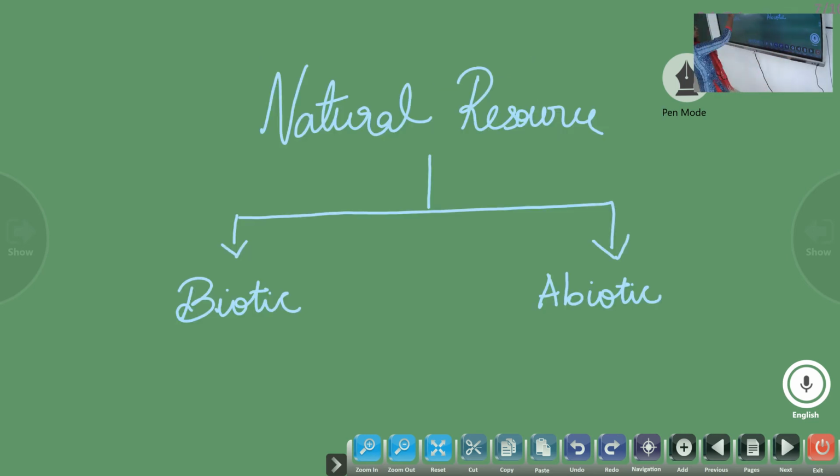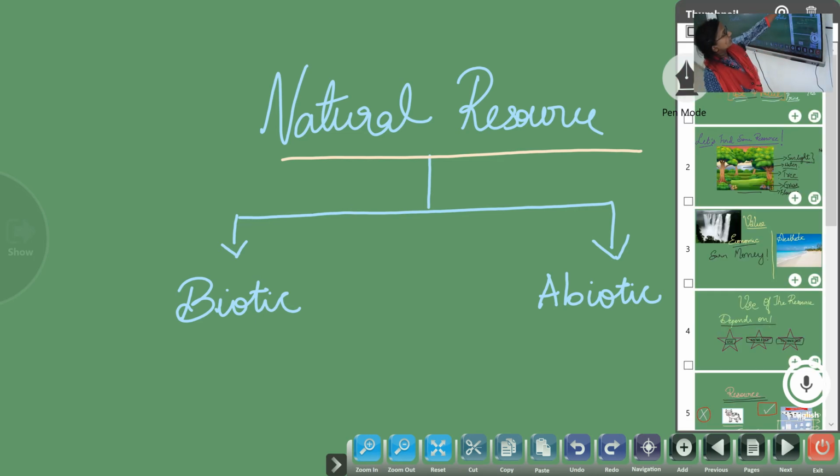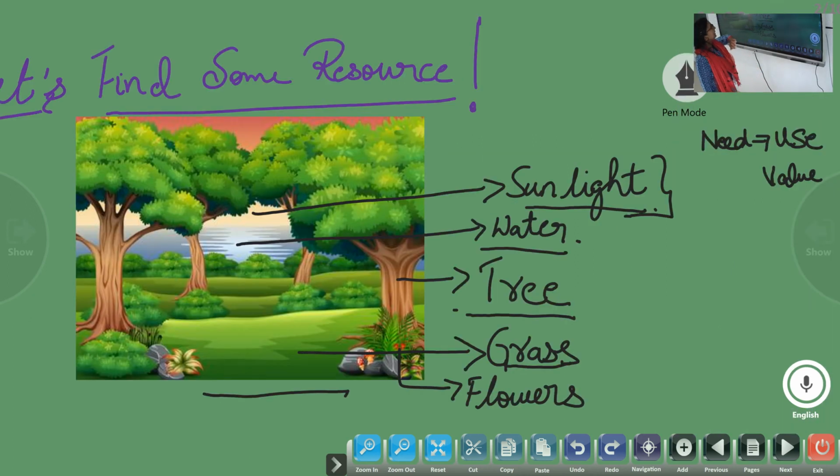The next thing, under natural resources, there are two divisions. When we walk out, we saw, here in this slide, all these which I have mentioned here are natural resources, correct? Did we make any of them? No. So, under natural resources, I said there are two kinds of resources. One is biotic, another one is abiotic. Okay, one is living, another one is non-living.